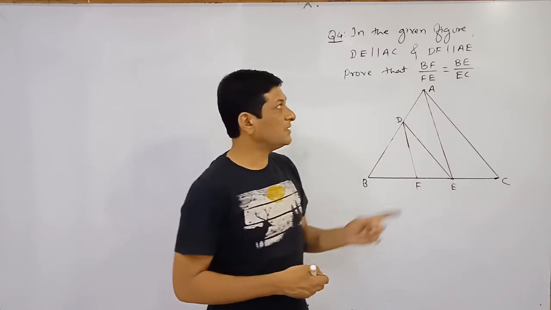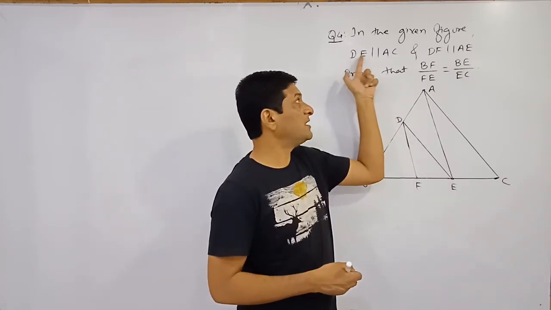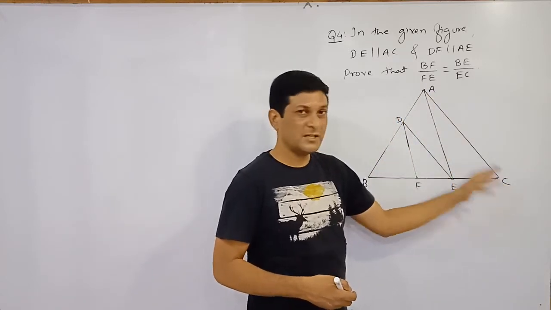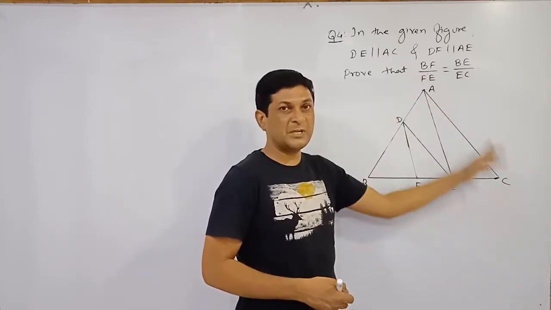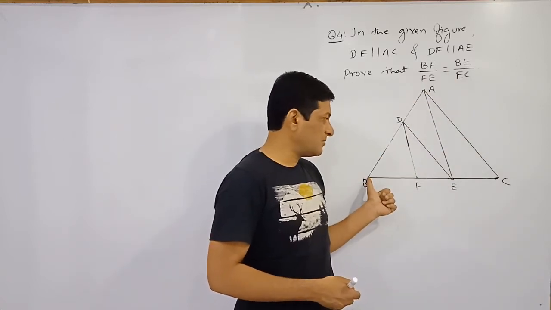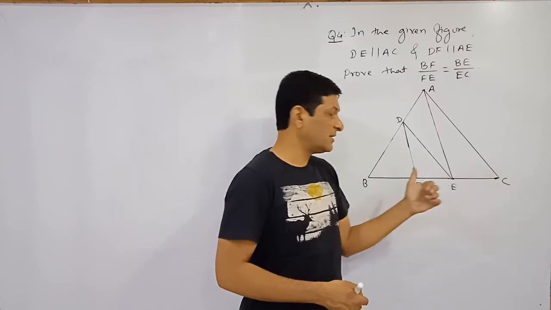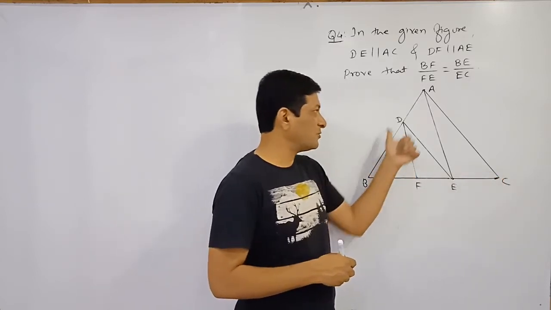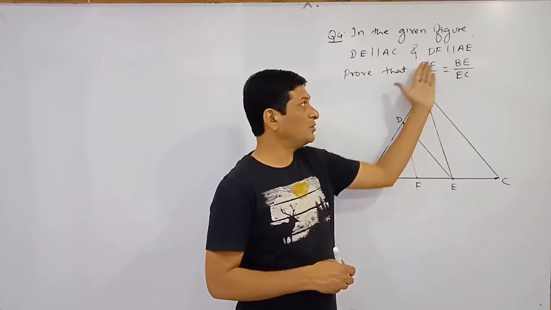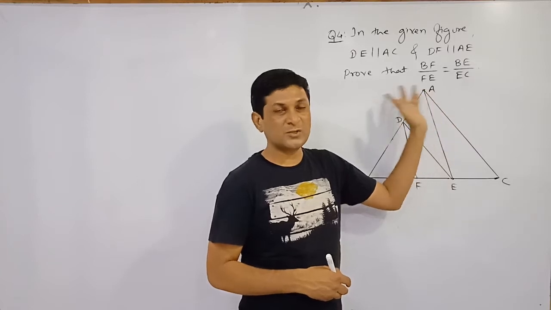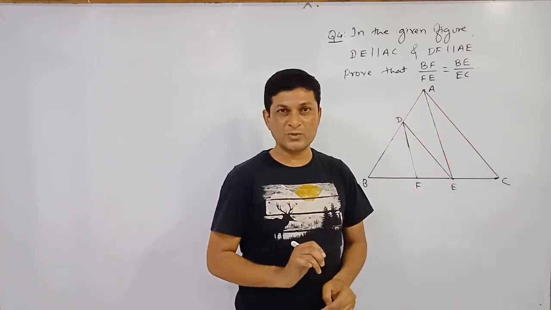And the second condition is that DE is parallel to AC, so we are able to apply BPT in which triangle? ABC. And according to BPT, BE upon EC will be equal to BD upon DA. Means both these ratios are equal to BD upon DA. So that's why we are able to show that these two ratios are equal.